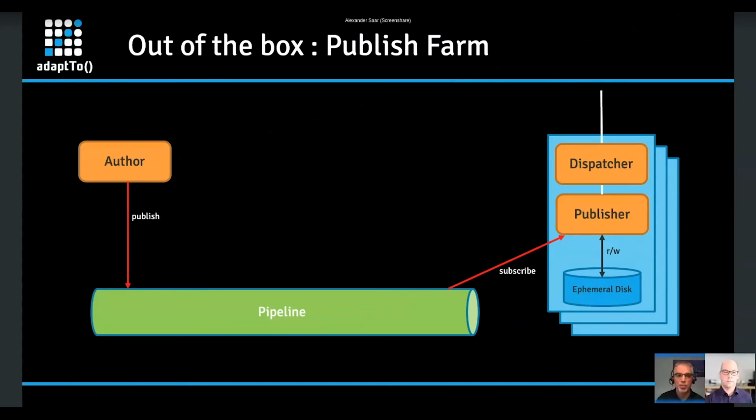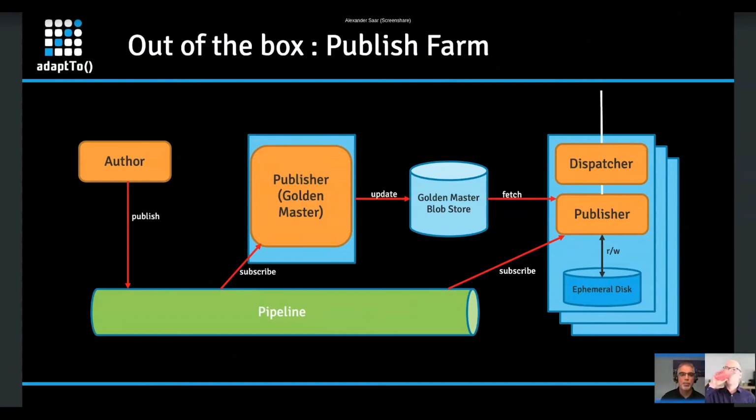The messaging pipeline ensures that all publishers are up to date. For having new instances up to date quickly and automatically, a new dedicated publish instance called the Golden Master is added to the publish tier. The Golden Master is not serving any requests, but it receives the messages from the messaging pipeline and stores the updated content it receives through that pipeline in a blob store.